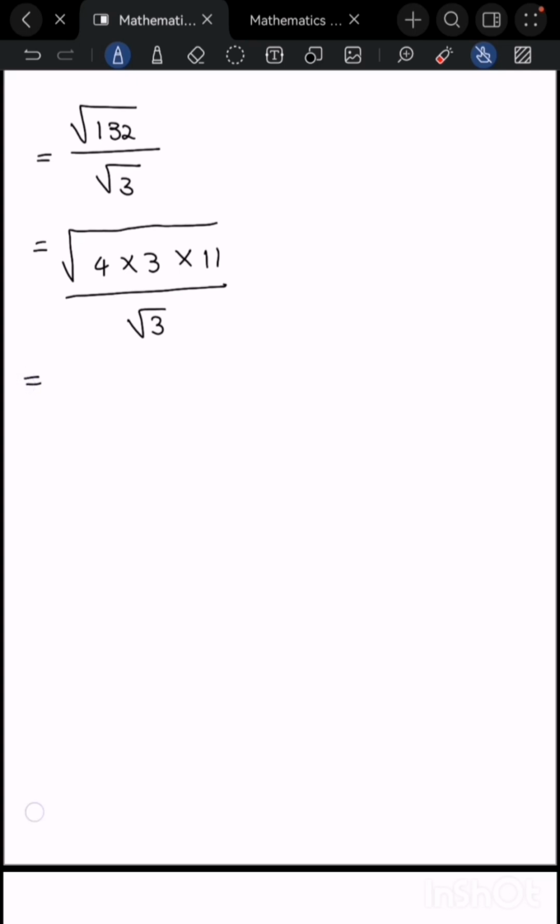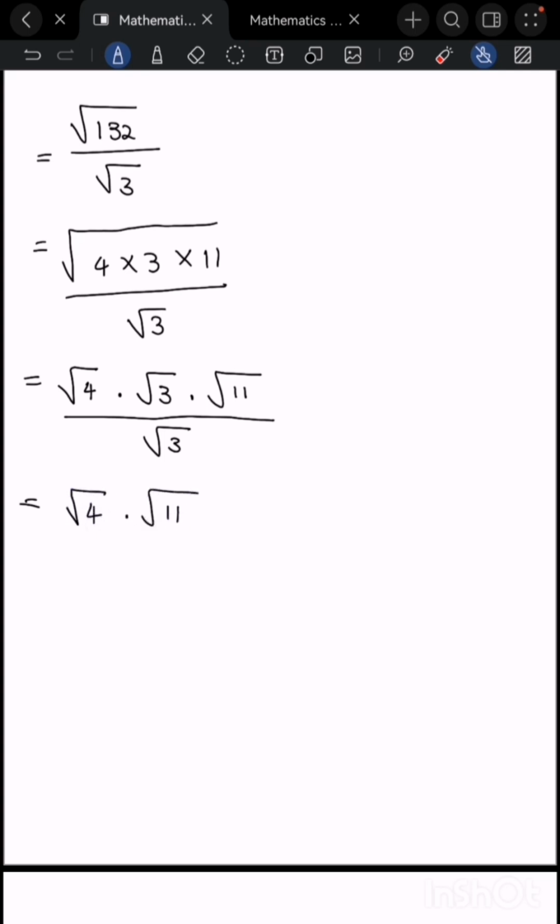Again, it's going to be the square root of 4 times the square root of 3 times the square root of 11, all divided by the square root of 3. If you can see, the square root of 3 and the square root of 3 are going to cancel. So we're going to have the square root of 4 multiplied by the square root of 11, all divided by nothing, because we already canceled.